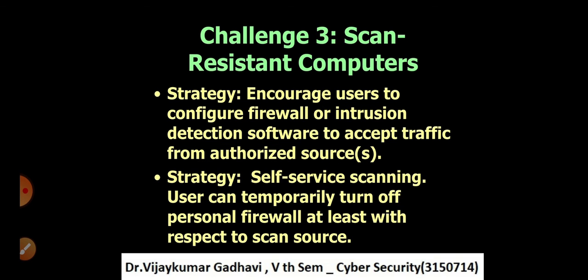Then encourage users to configure firewall or intrusion detection software to accept traffic from authorized sources. It's also self-service scanning. Users can temporarily turn off personal firewalls, at least with respect to the scan source.